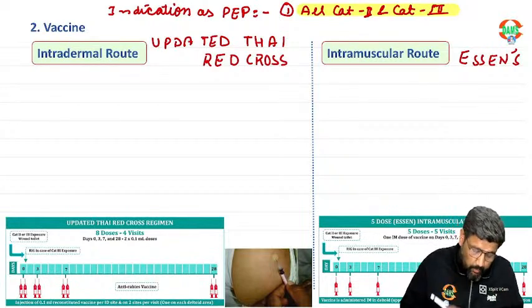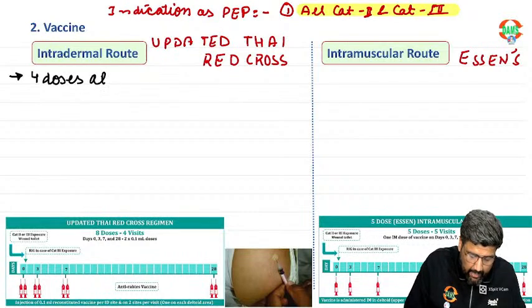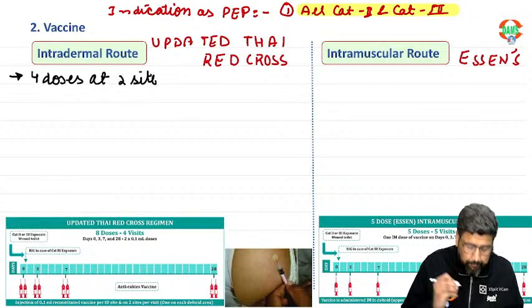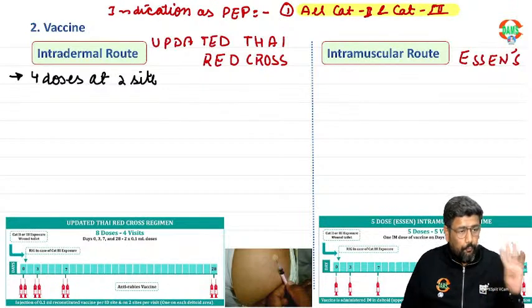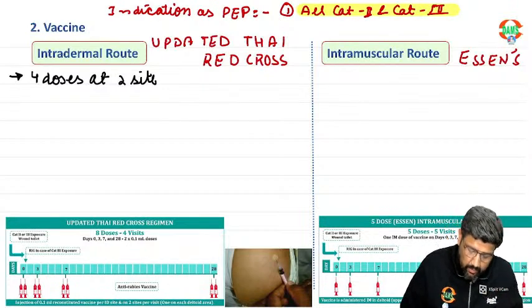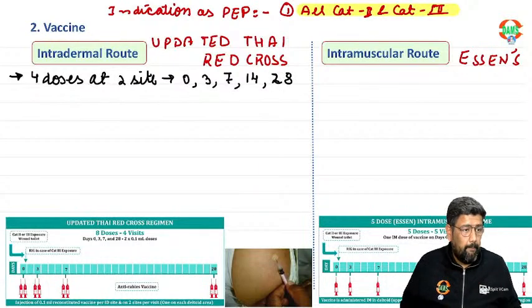So guys, if I talk about this intradermal route, 4 doses are given at 2 sites. Right? So 1, 2. So 4 times this is given when? 0, 3, 7, 14, 28.